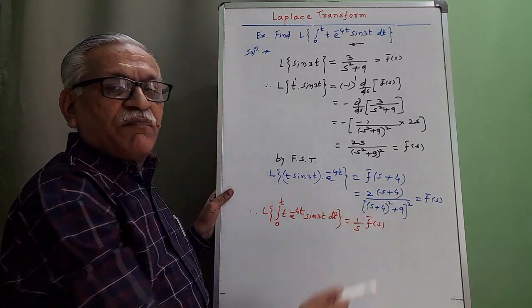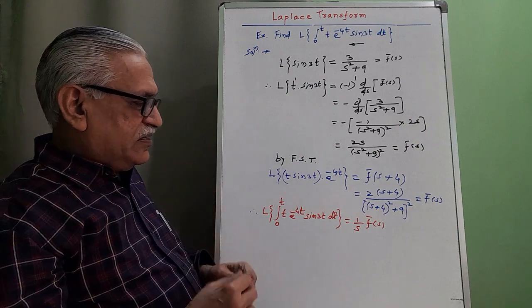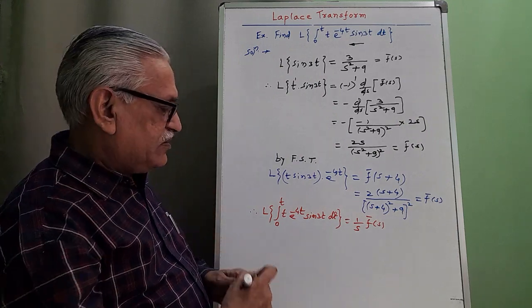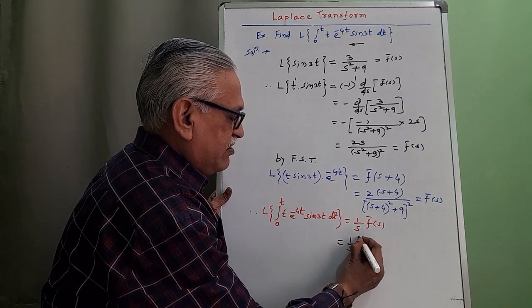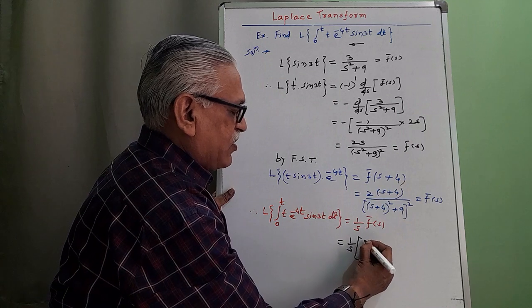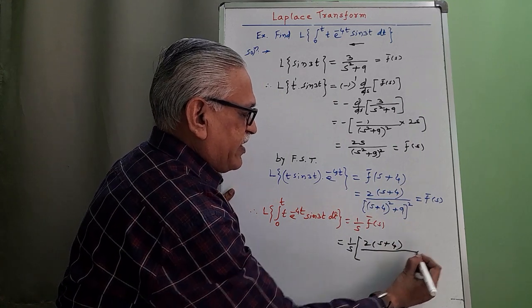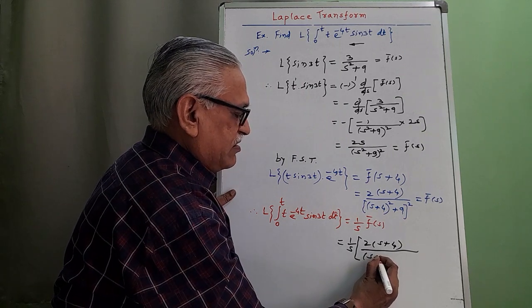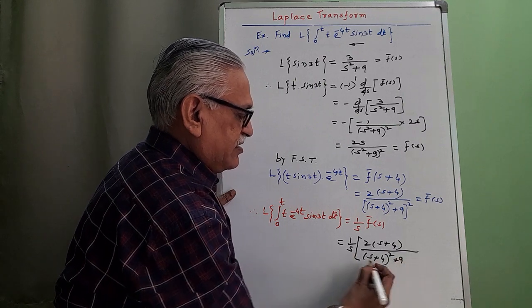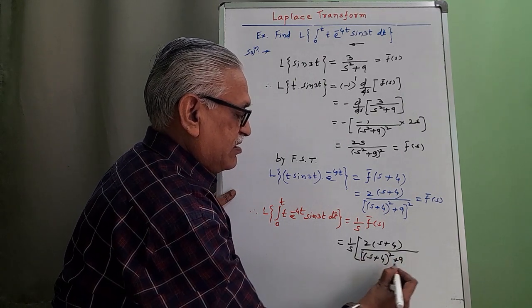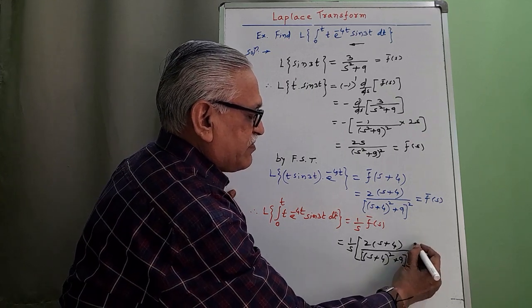Therefore, whatever this latest f bar of s is, we have to multiply it by 1 by s. Therefore, we get the value of this Laplace transform as 1 by s into f bar of s, which is 6 times s plus 4 whole divided by s plus 4 whole square plus 9, that bracket square, and outer bracket we take as a curly bracket.